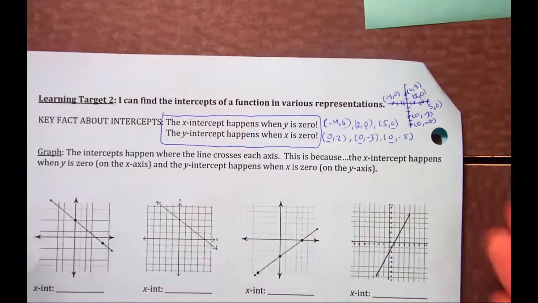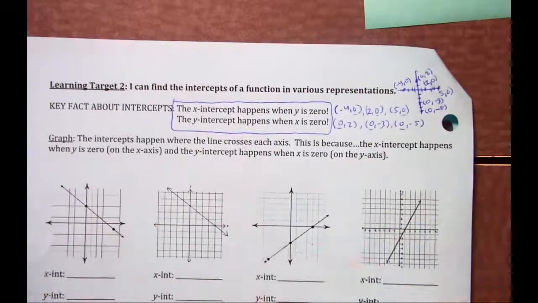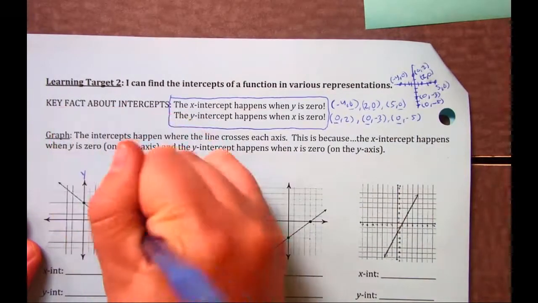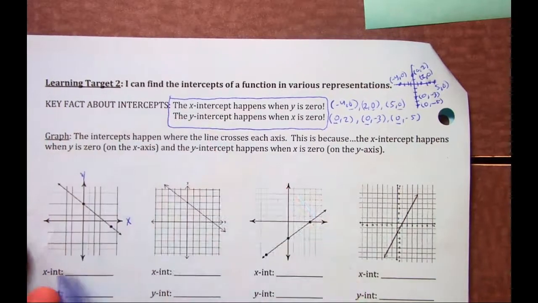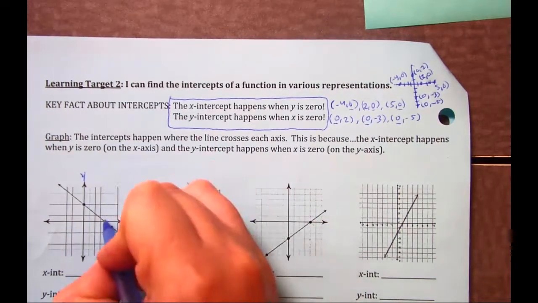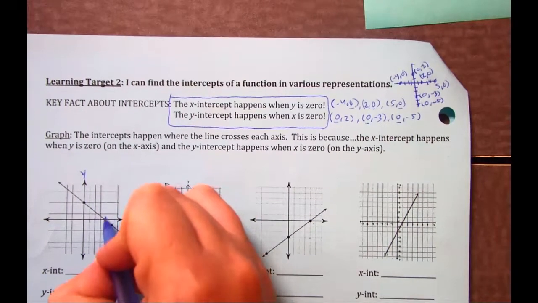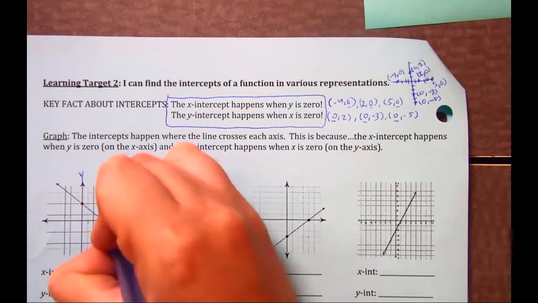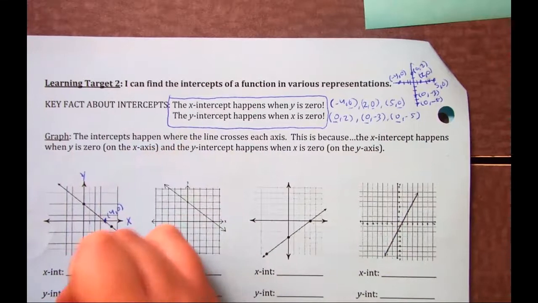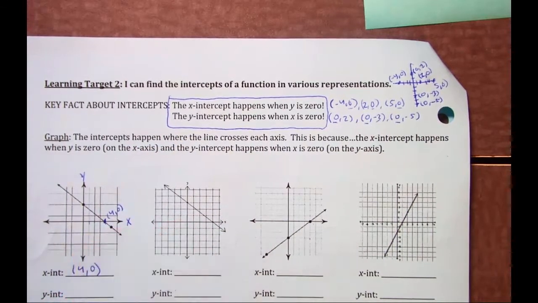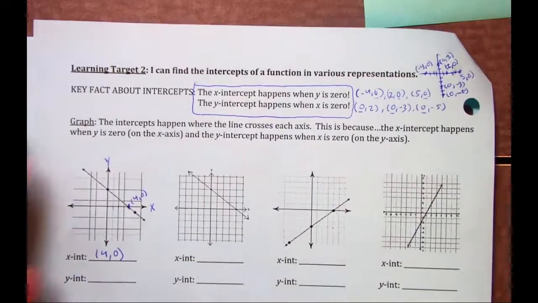Looking at a graph, it's pretty easy to spot the intercepts. Remember, this is the y-axis and this is the x-axis. So the x-intercept happens right here at 1, 2, 3, 4. So that's at the point 4, 0. That's when the graph crosses the x-axis, so that's the x-intercept.